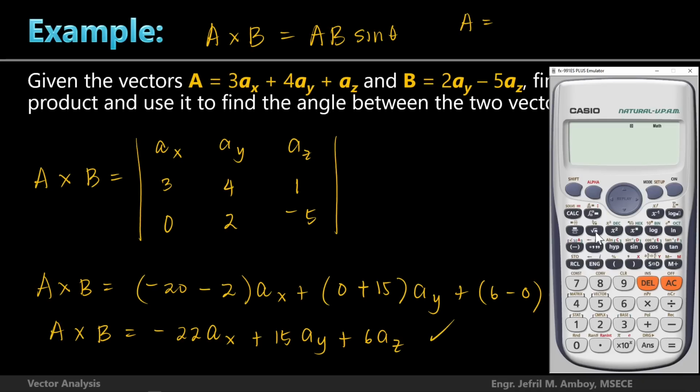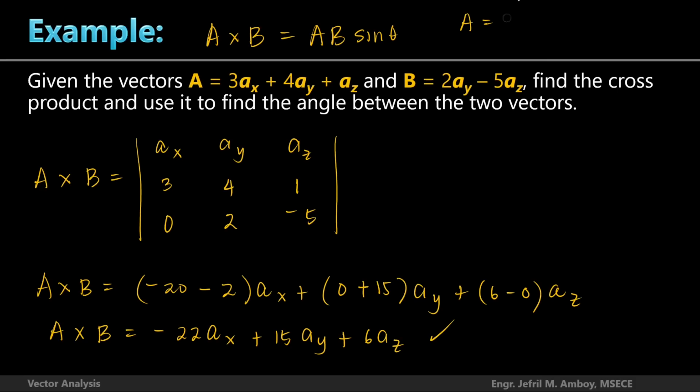For vector A, the absolute value is the square root of 3 squared, which is 9, plus 4 squared, which is 16, plus 1 squared, which is 1. So we have square root of 26. How about the absolute value of vector B?